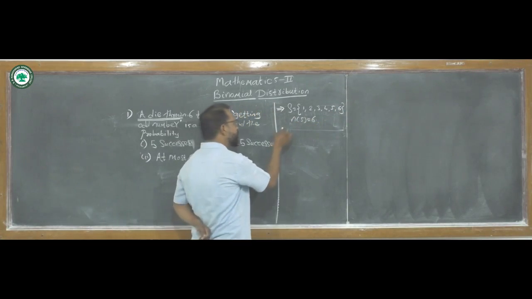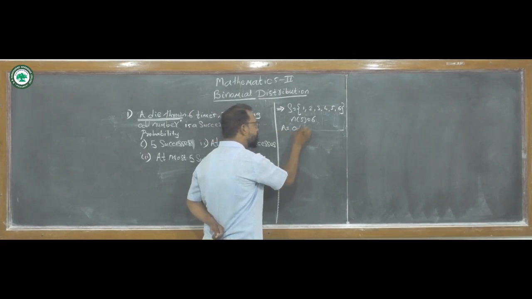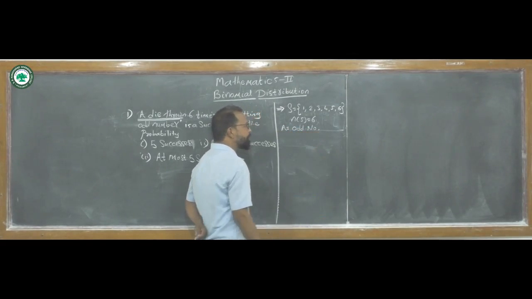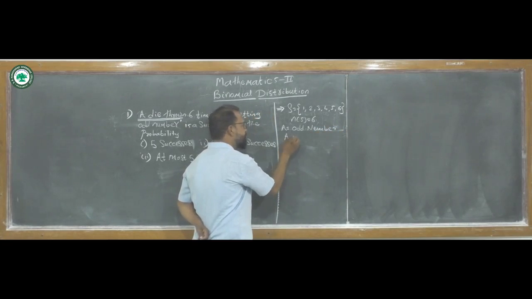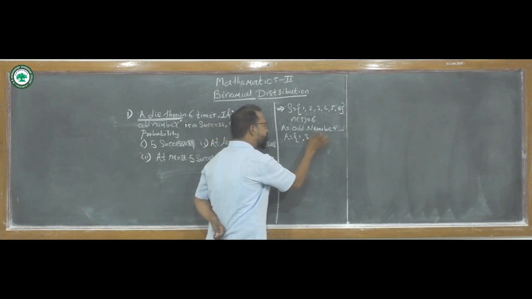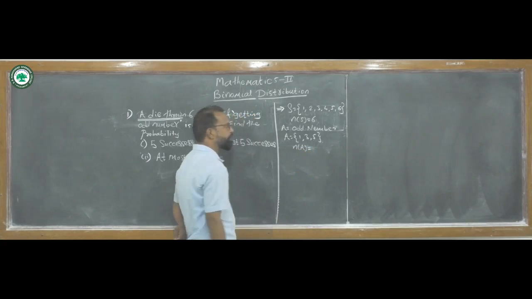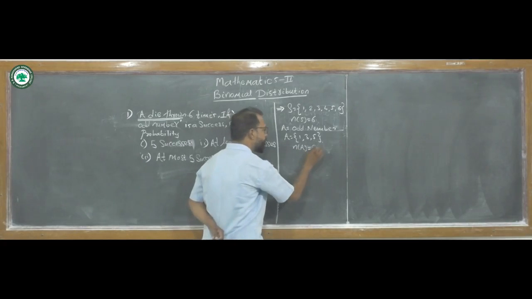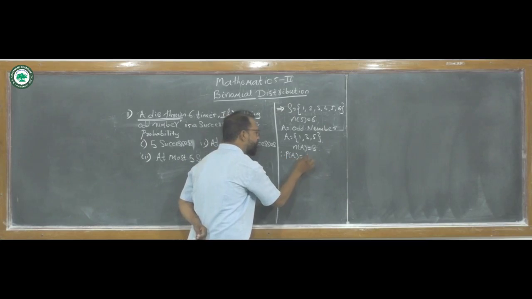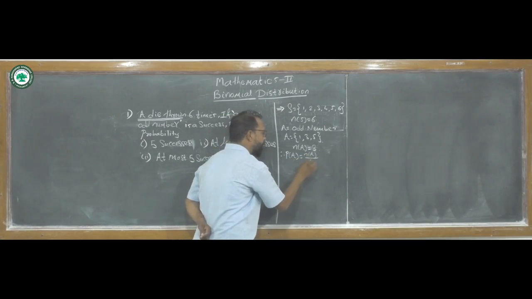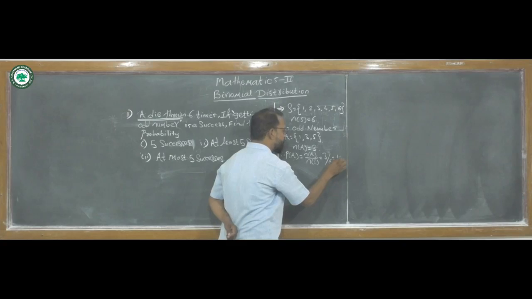Now if we define A as odd number, then A is 1, 3, 5. So n of A becomes 3, and therefore by definition probability of A equals n of A upon n of S. We get 3 upon 6, which equals half.